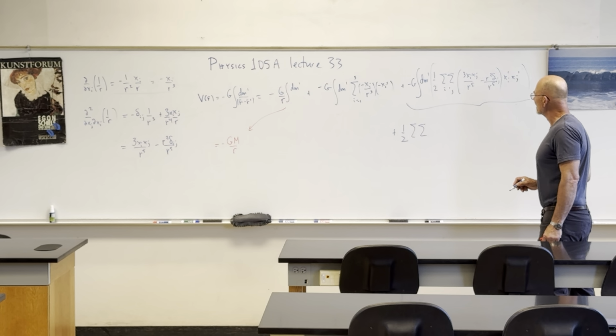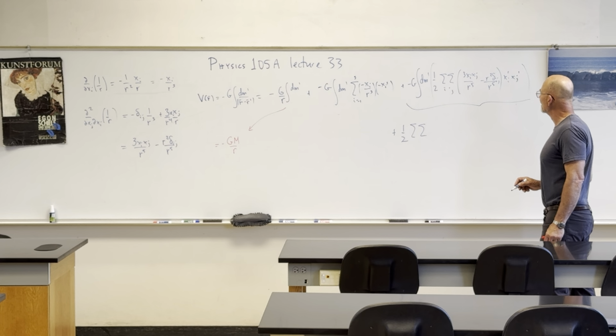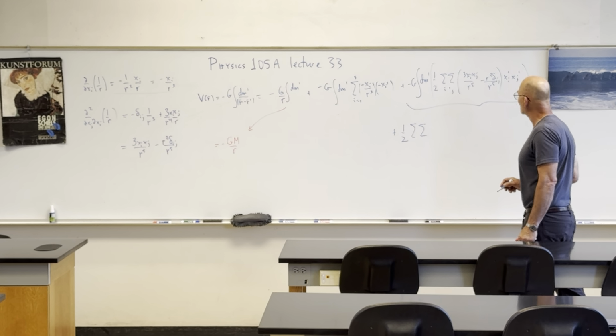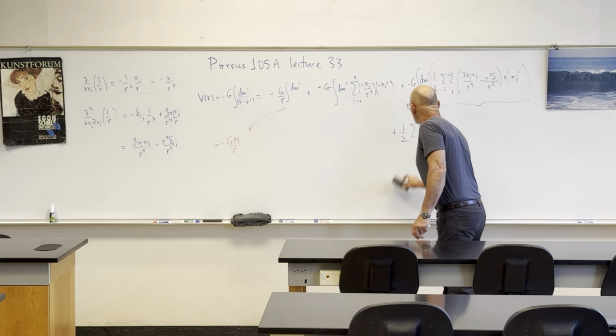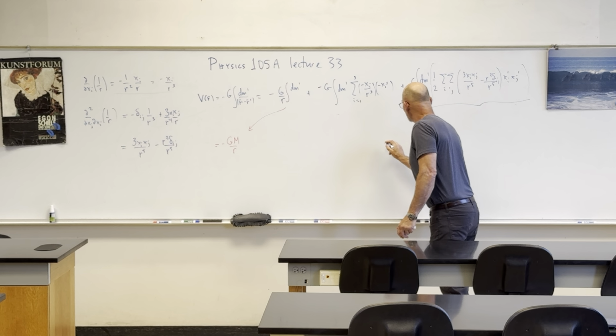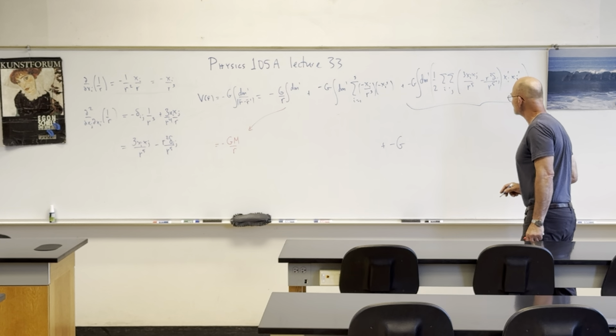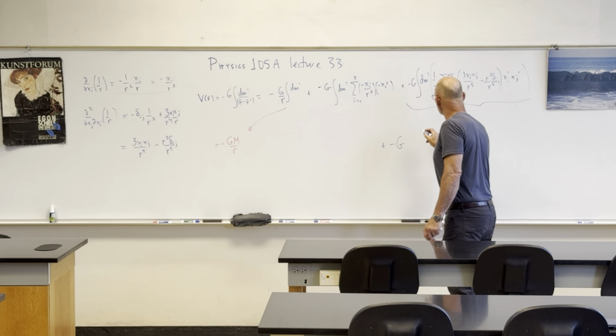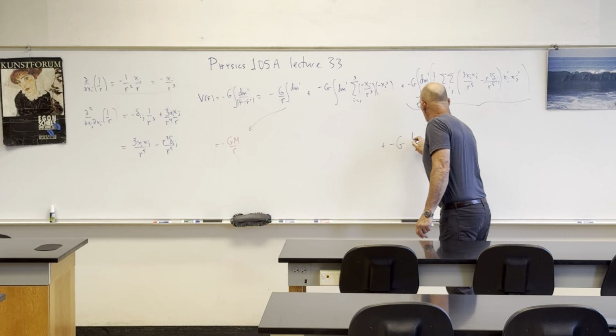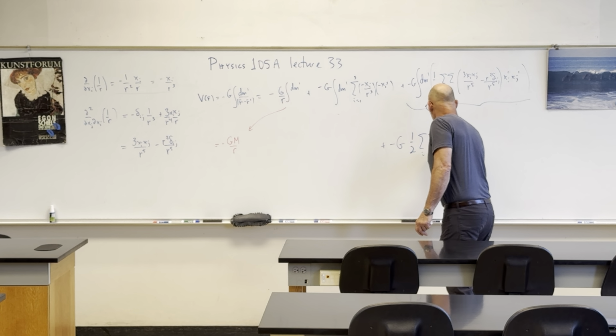I pull that G out first. So let's do this with the plus negative G. We can do 1/2 double sum i and j.